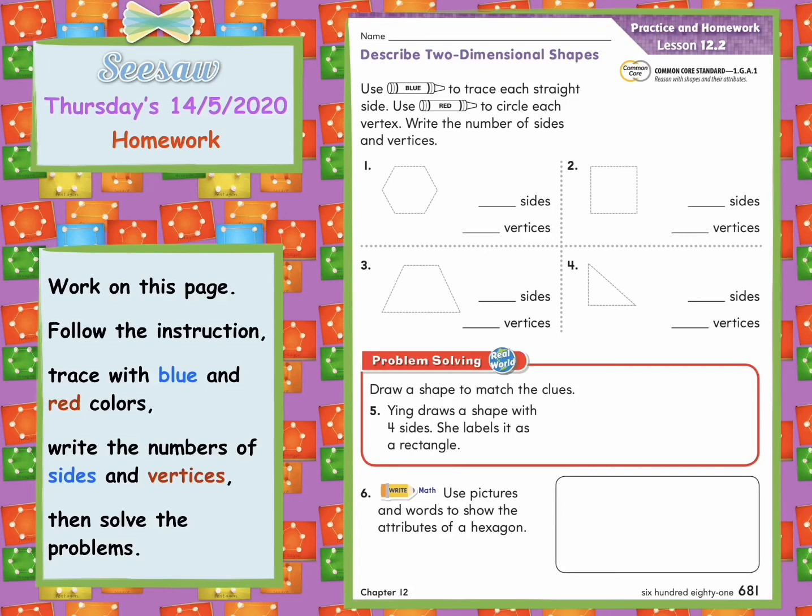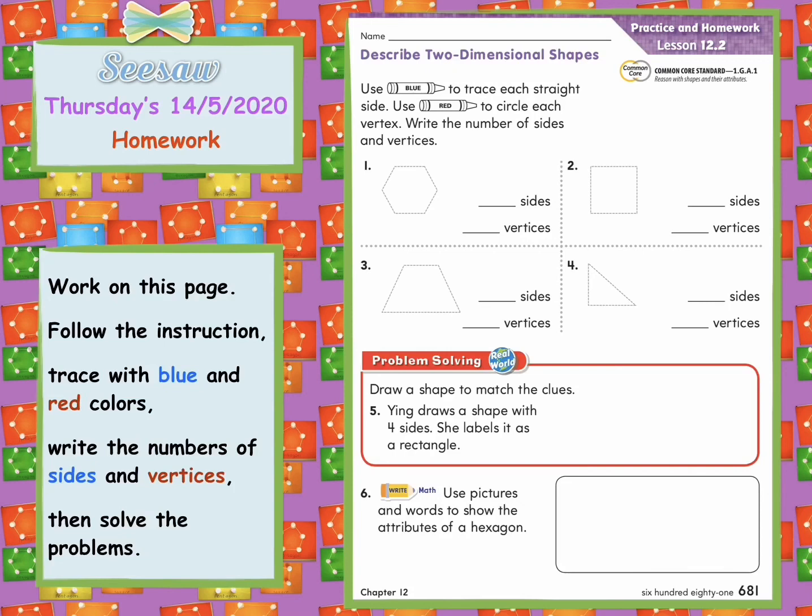The second shape is the square. The third shape is the trapezoid. And the last shape is the triangle. So you will trace with blue all the straight sides, and you will circle all the vertices with red color. Then write the number of the sides and the vertices beside each one.